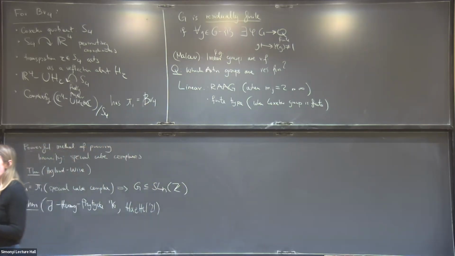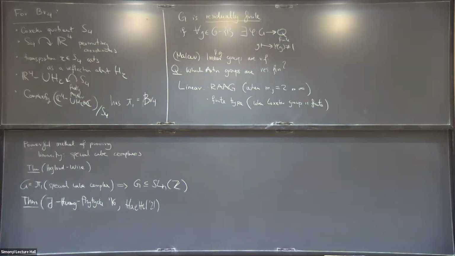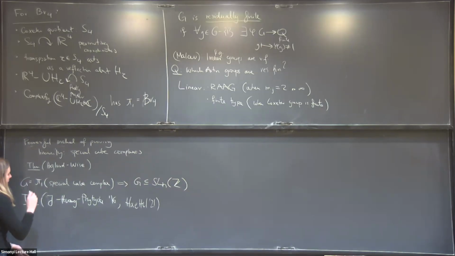We showed that this is not very promising for Artin groups. We were specifically looking at two-dimensional ones, or our methods work for two-dimensional ones. And I'm actually going to state it.